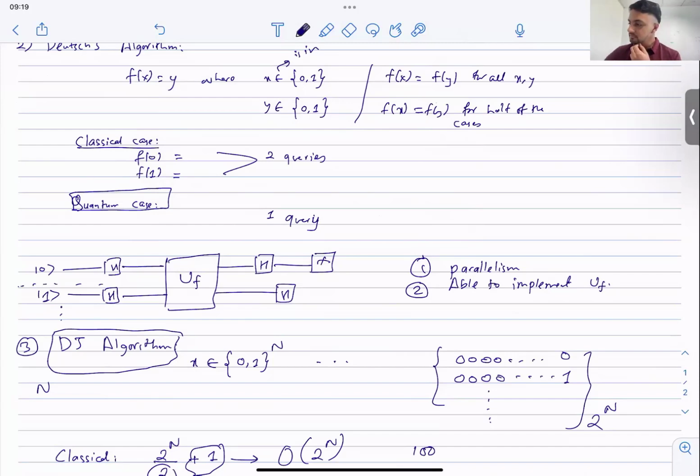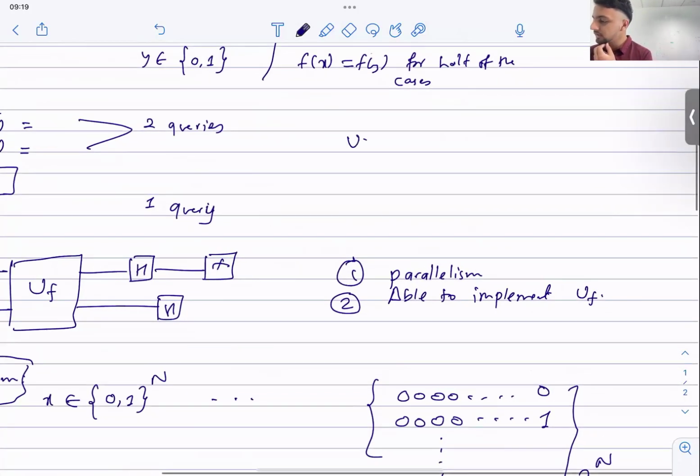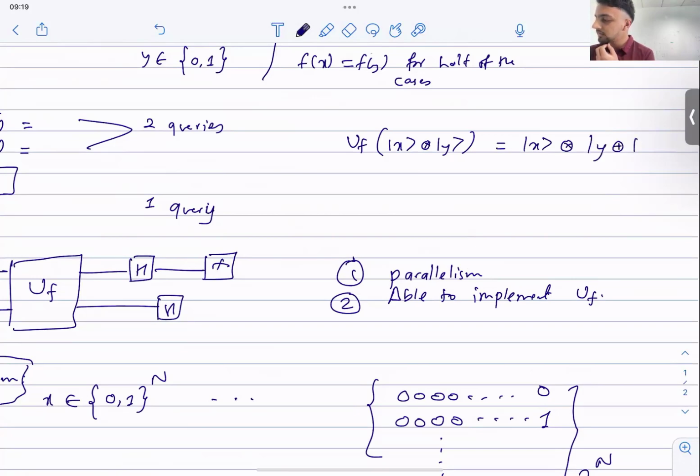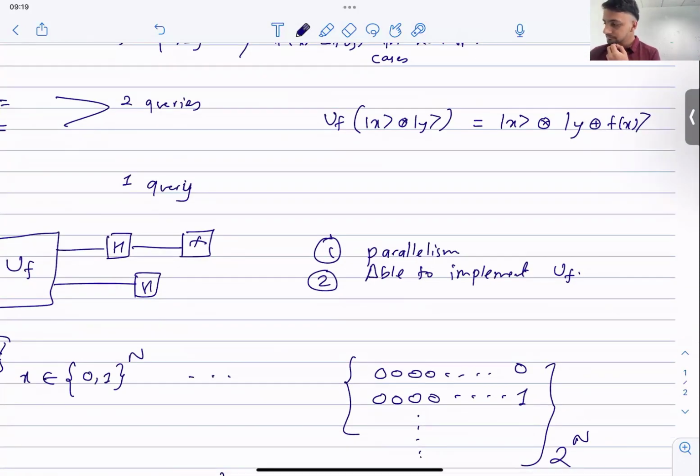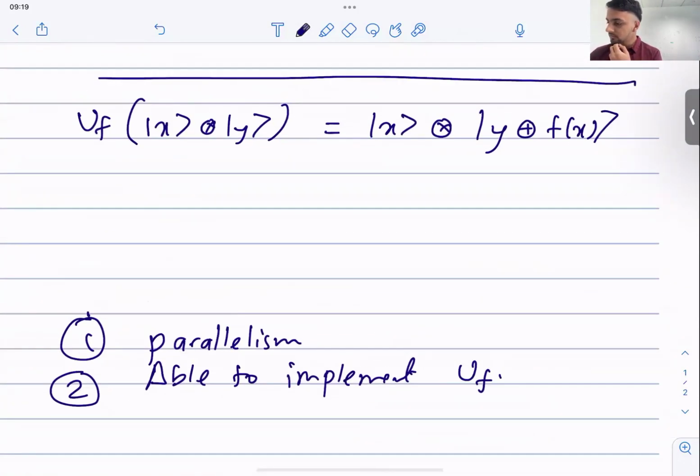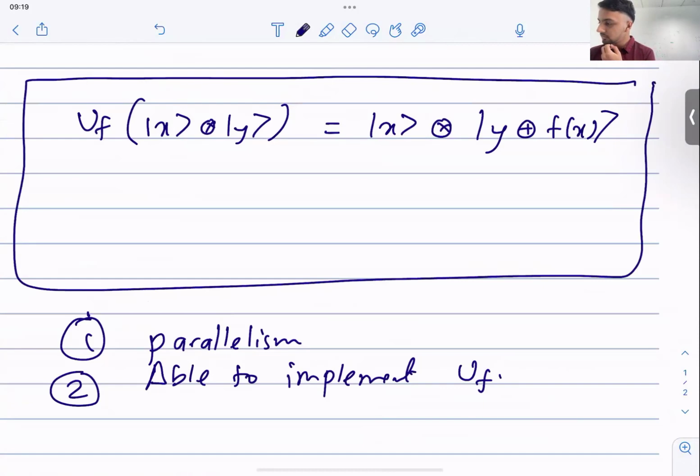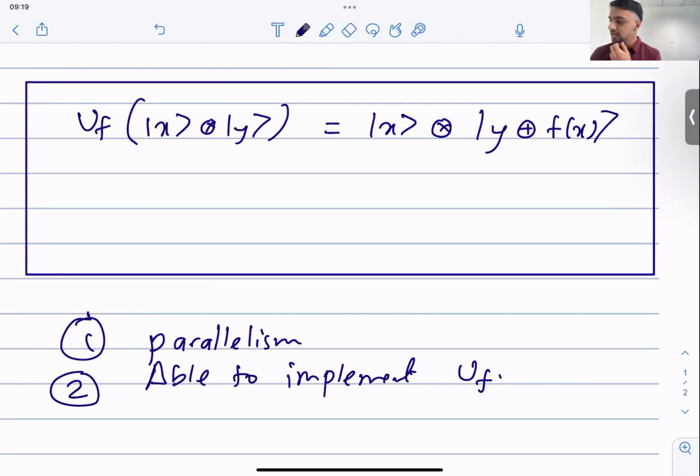Okay. So unitary F acts on x tensor y to give you x tensor y XOR f(x). Okay, so let's do an example.